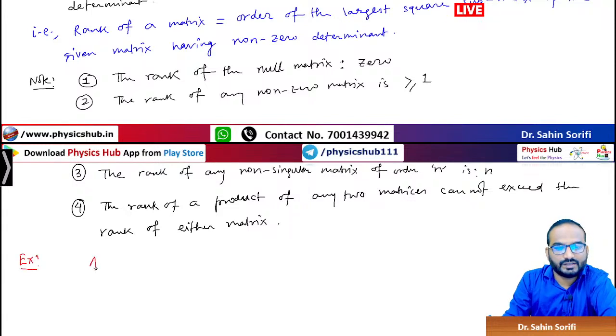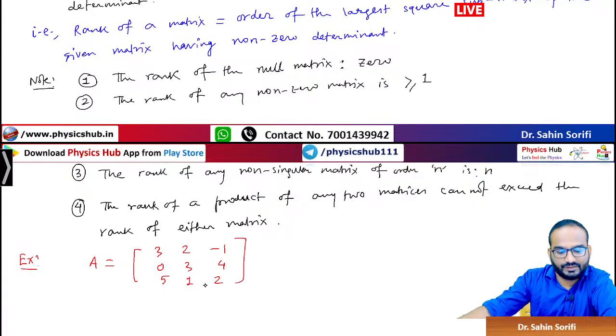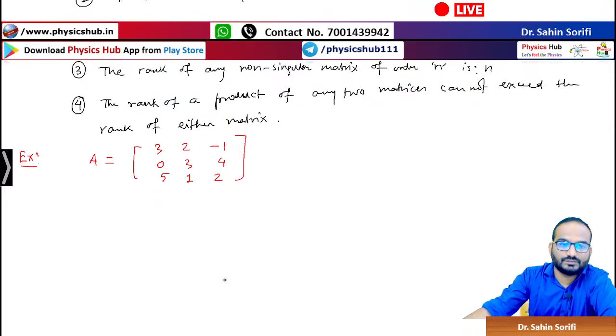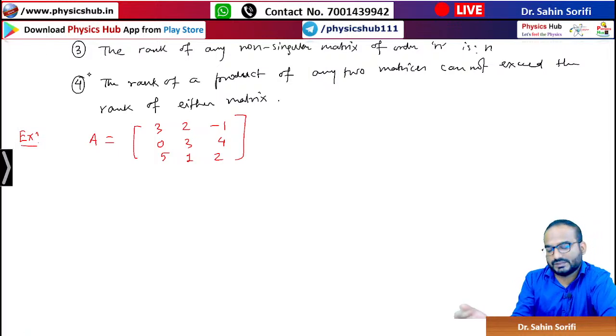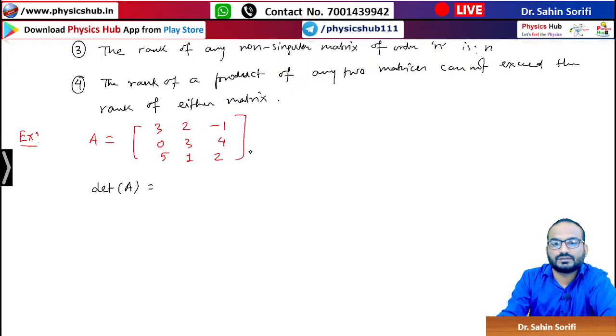Let's say a matrix A is there: 3, 2, minus 1, 0, 3, 4, 5, 1, 2. Now how do we check the rank? First of all, you check the determinant of this matrix. If you get it non-vanishing, then the order will be the rank.